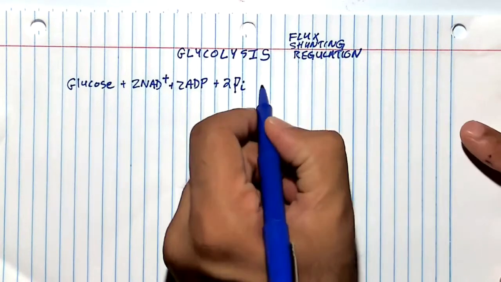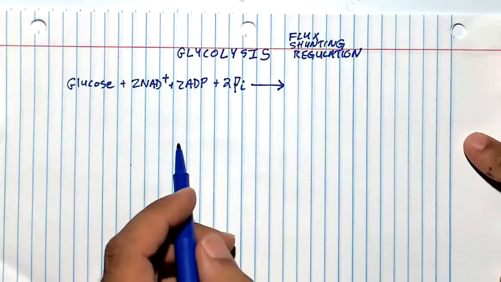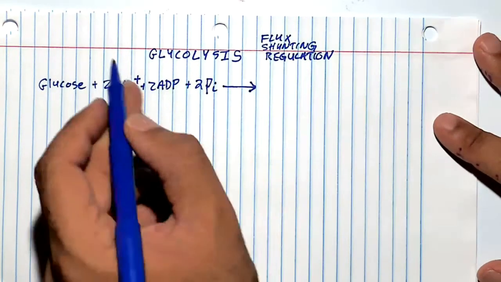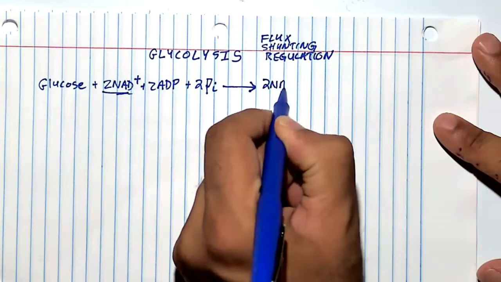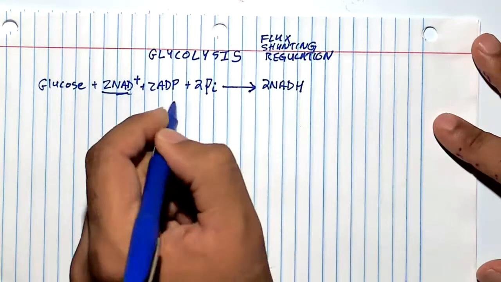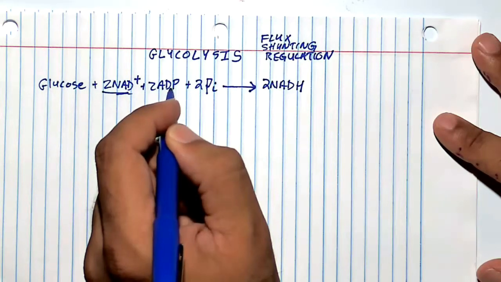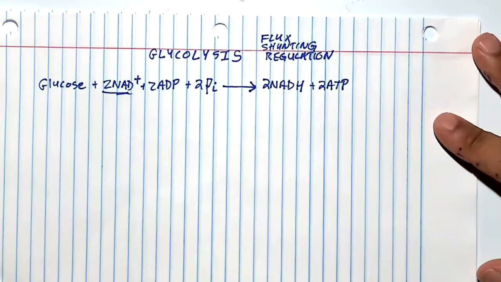Okay. So this reaction is one direction, though some of the sub-reactions can go in both directions. So they will yield this NAD+ will become NADH. This ADP and inorganic phosphate will react to form 2 ATP, so that's a good thing.